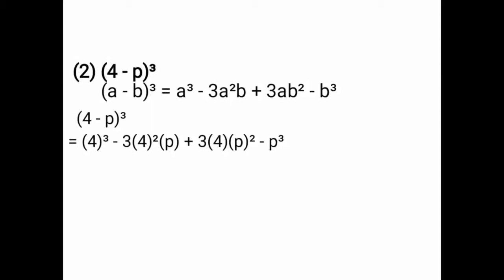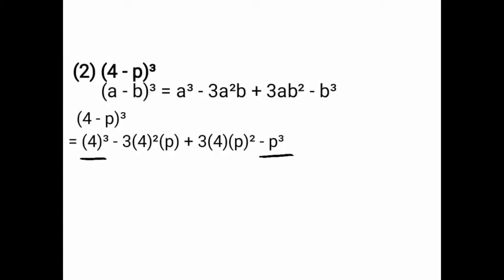First we will solve the a cube part and the b cube part. After solving a cube and b cube, the minus 3a square b plus 3ab square which is there here, you write in multiplication form in the next step. Cube of 4 is 64 because 4 4s are 16, 16 4s are 64.